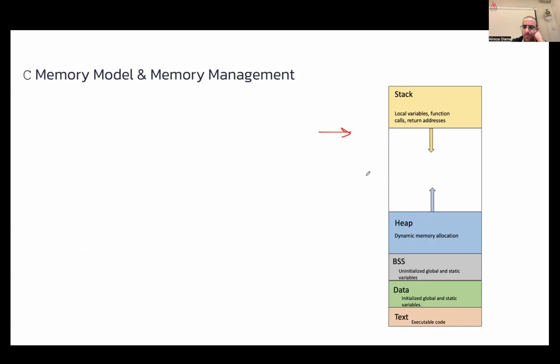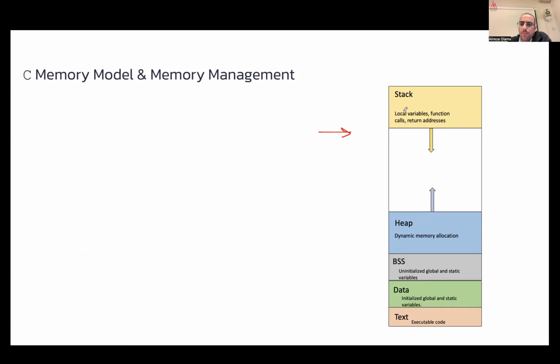We have some global and static variables that are shared between all the threads or functions, which will be in data. The text is the executable code that is saved before compilation. And BSS is also global and static variables, but the ones without initialization.